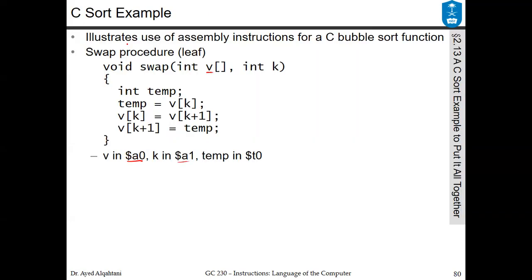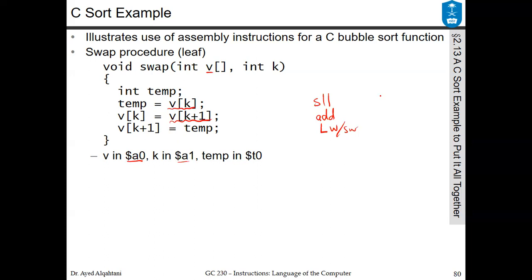And what we did here is first we need to prepare the array members. As you can see inside the body of the procedure, we have v[k] and we also have v[k+1]. If you remember, I mentioned that if you have an array, you have three instructions that you need to use: shift left logical, followed by add, and then at the end you can do the load or store.